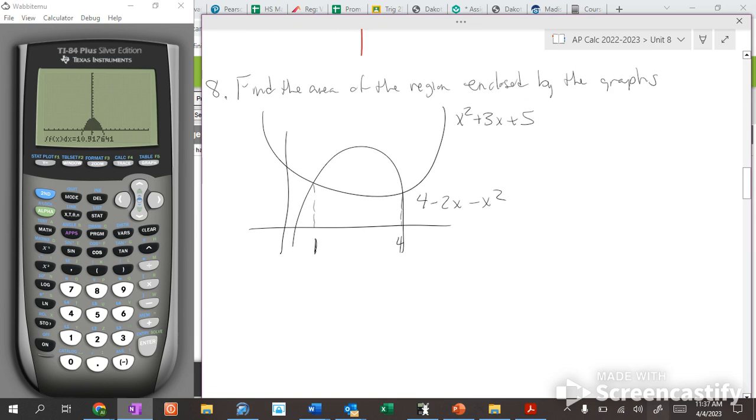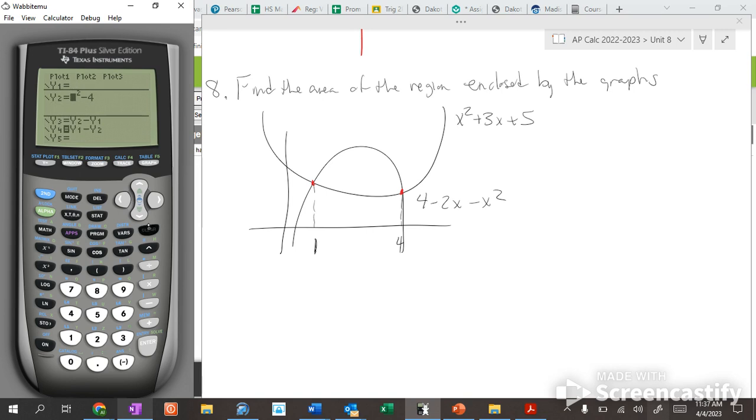Okay, find the area of the region enclosed by these two graphs, and we know that they cross at an x value of 1 and an x value of 4. Okay, so I'll just graph them first, and then we can talk about it.